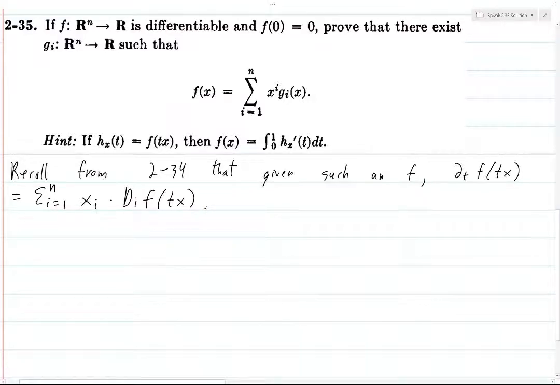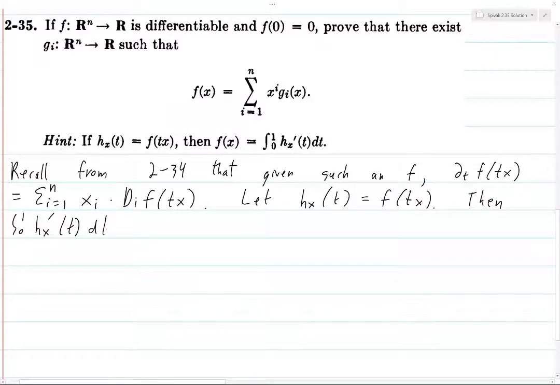For this exercise, they give us this function h sub x, which is supposed to be helpful. Let h sub x of t equal f of tx, and now let's verify the equation they gave us. If we compute the integral from 0 to 1 of hx prime of t dt, actually I would prefer to write this as hx prime of tau d tau, so that we're not reusing the variable t, but it's not a big deal.